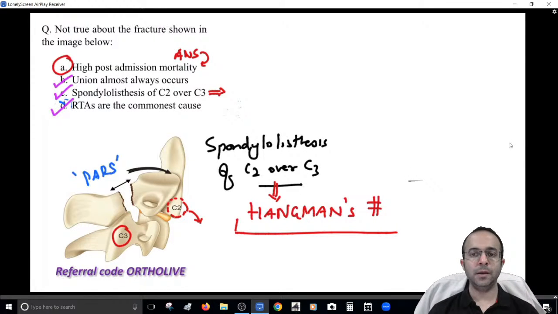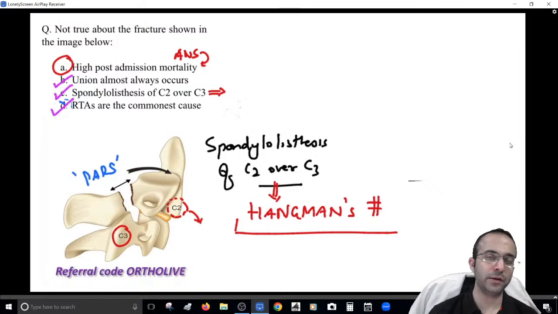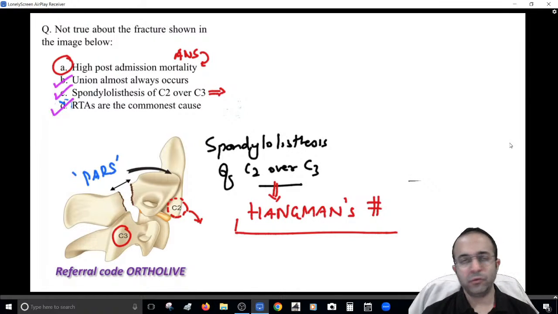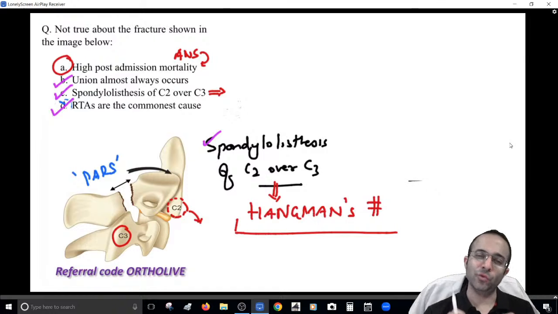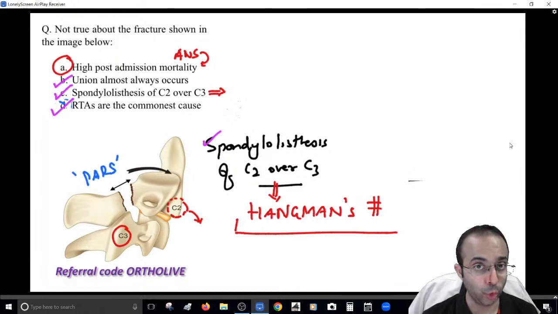So please, hangman's fracture is a misnomer. It is not the cause of death in hanging. Cause of death in hanging is something different. This is just an injury that was incidentally found in some case of hanging, so it got wrongly labeled as hangman's fracture. It's actually spondylolisthesis of C2 over C3, and there is no mortality because the space available for the spinal cord is very good.